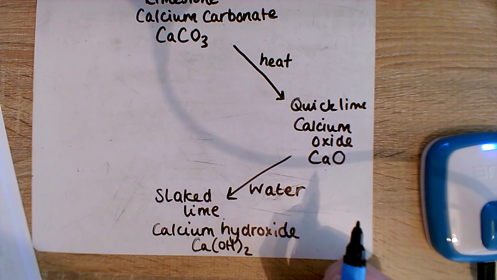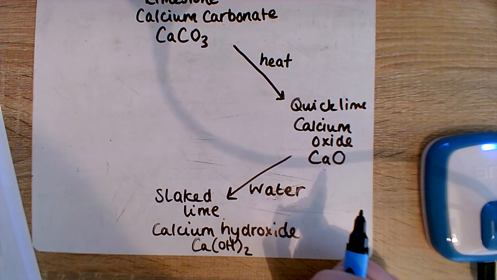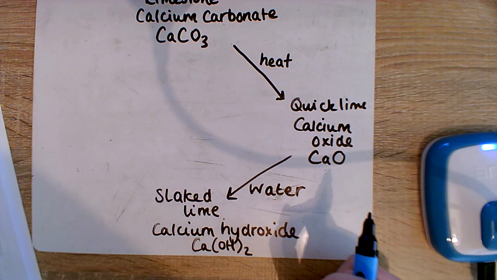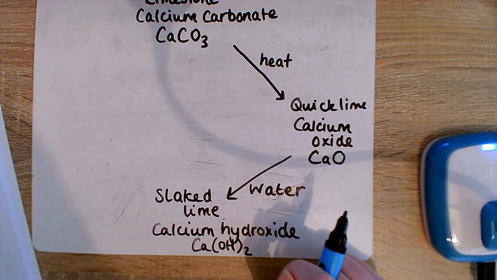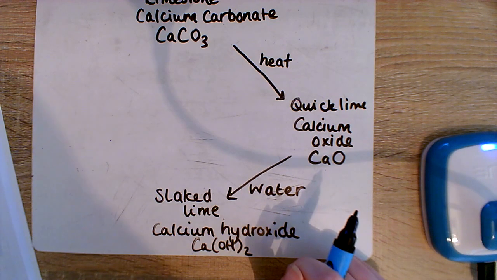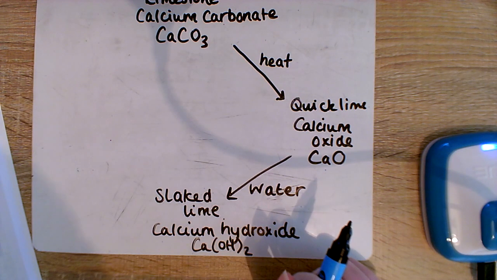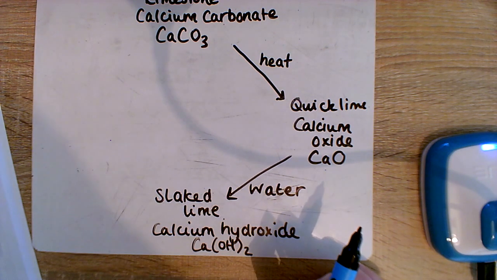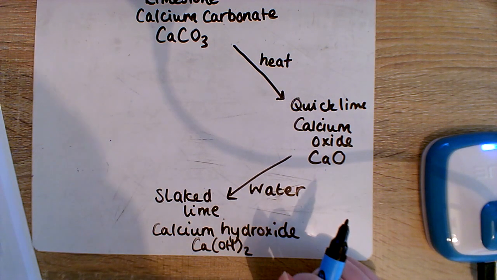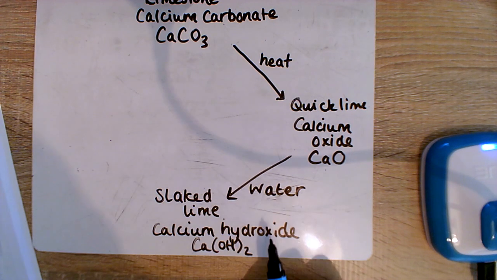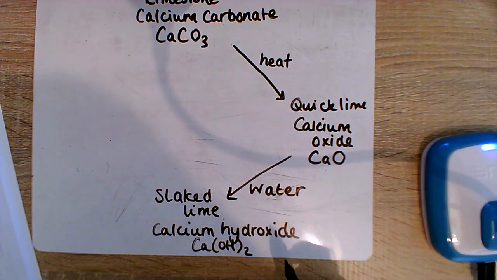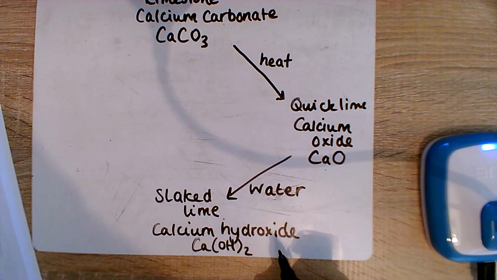In particular, the use that you need to know about for Common Entrance is the fact that farmers use slaked lime, and it's called agricultural lime for farmers. Basically, if they've got soil that they're trying to grow something in and it isn't the right pH, so if it's too acidic for whatever they are trying to grow, because different crops like growing in different pHs of soil, they will add this calcium hydroxide to the soil to neutralise the pH and bring it closer to the pH that they want.